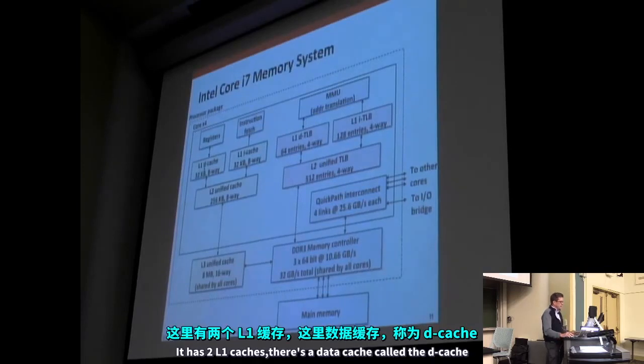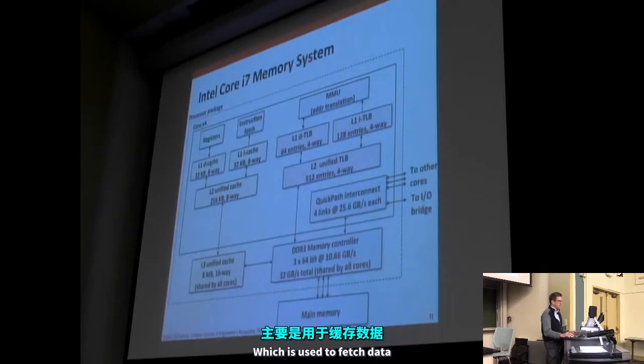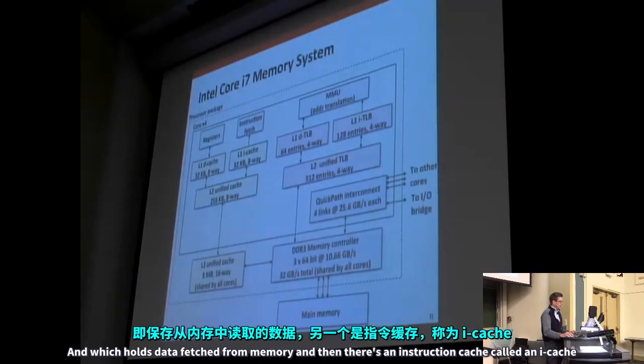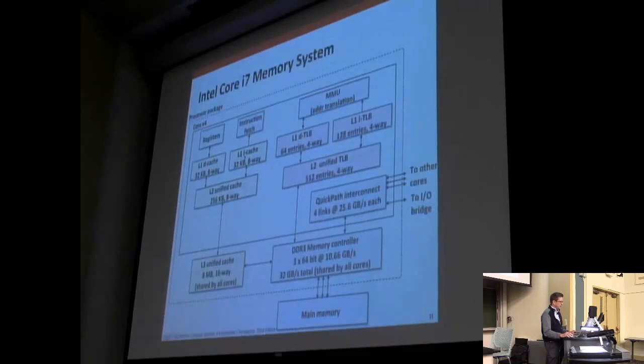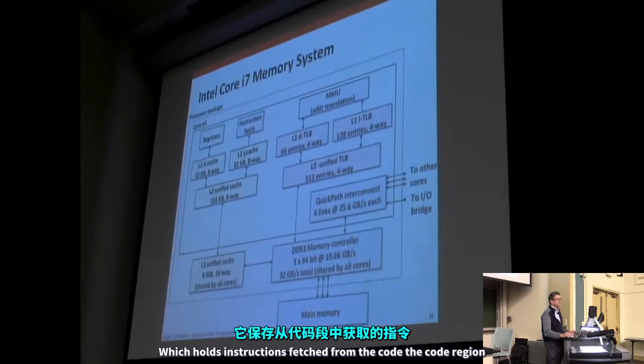It has 2 L1 caches. There's a data cache called a D cache, which holds data fetched from memory. And then there's an instruction cache called an I cache, which holds instructions fetched from the code region.